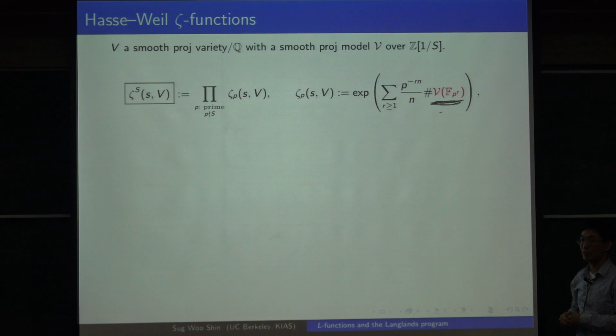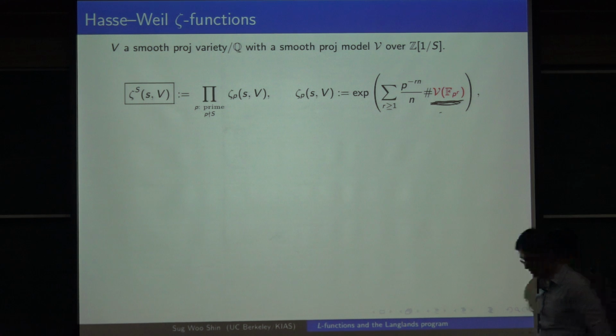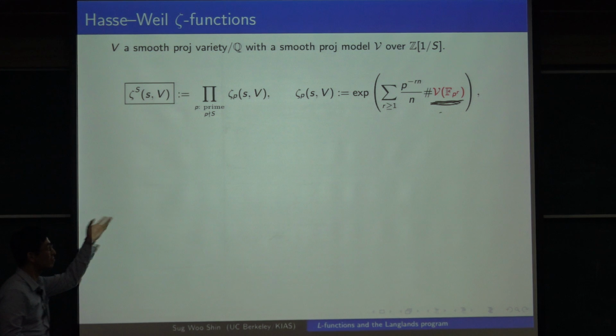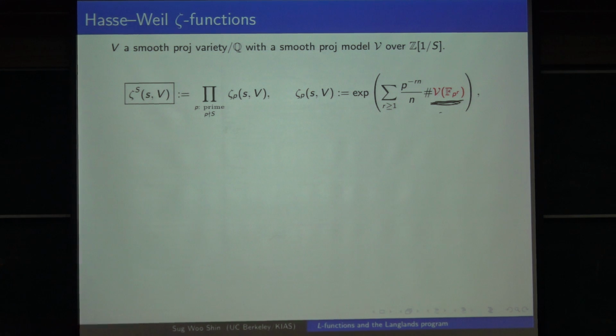V(F_{p^r}) means V is given by a certain equation, and then you count the number of solutions in the finite field with p^r elements. The solution set has finite cardinality, so you can actually count and use that as the coefficient in the rth place, and you just make some generating function. So whatever it is, it's supposed to encode the number of solutions in each finite field. And that's all that matters for my talk.